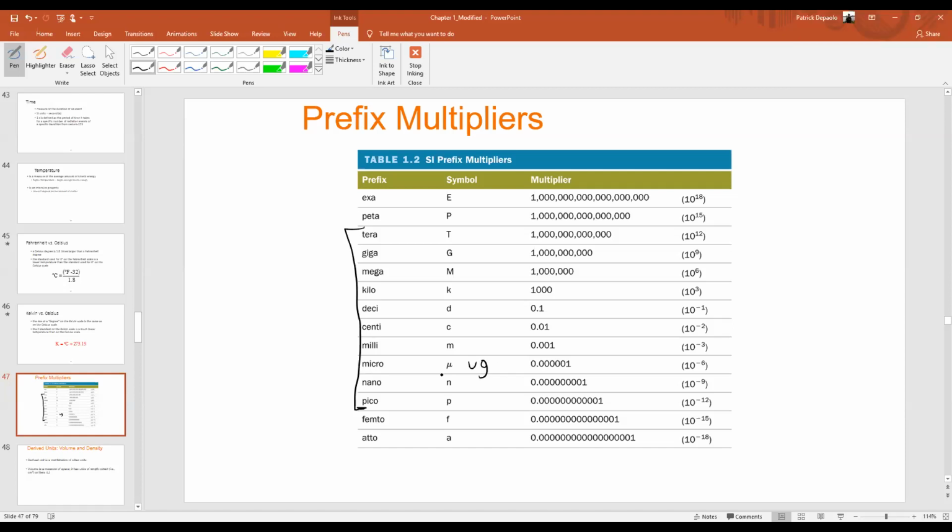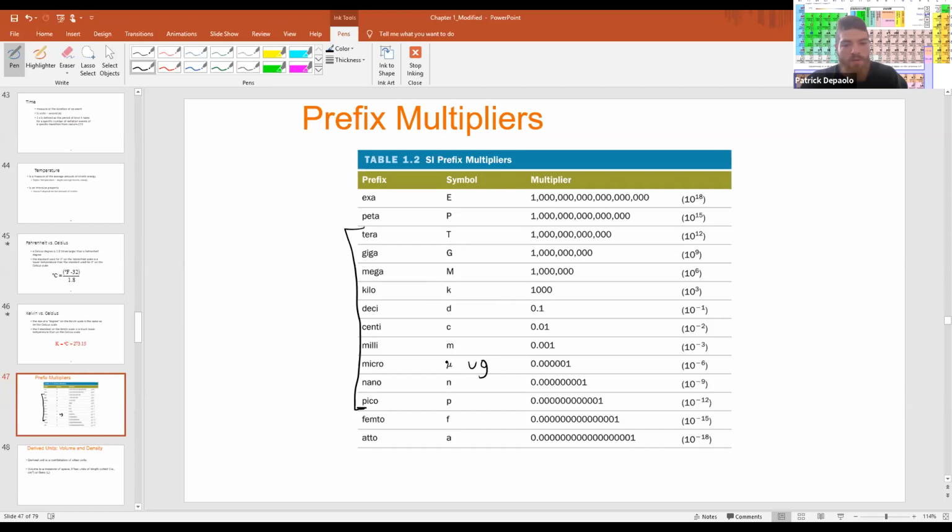This is the Greek letter mu, which also means micro, but people just write U. Good question. Most of these are just letters, except for micro, since m is already taken by milli, and big M is taken by mega. So it's the Greek letter mu, and they just put that in front. Sometimes in my presentations and in a lot of scientific literature, they just put U instead of mu because they're too lazy, and I do this too, of going to insert symbol on Word and getting the mu.